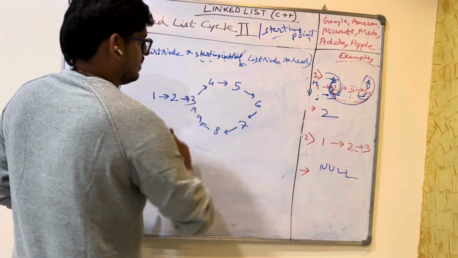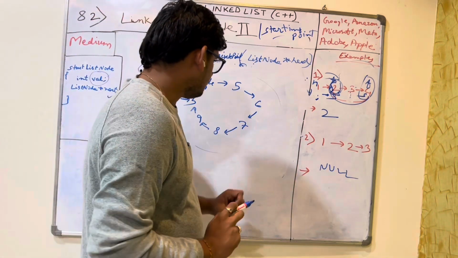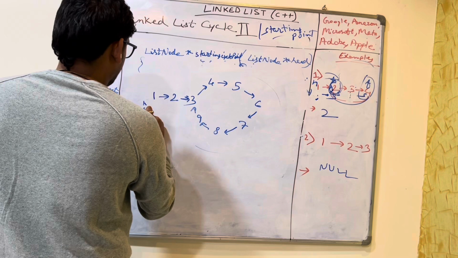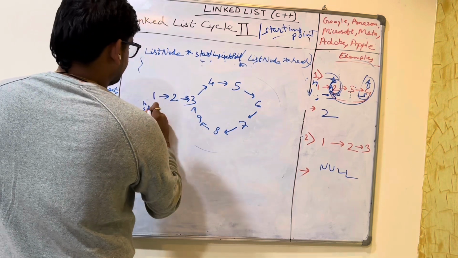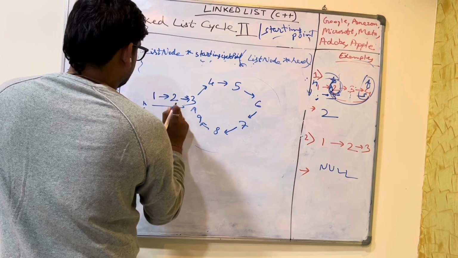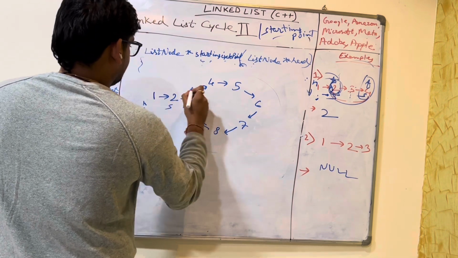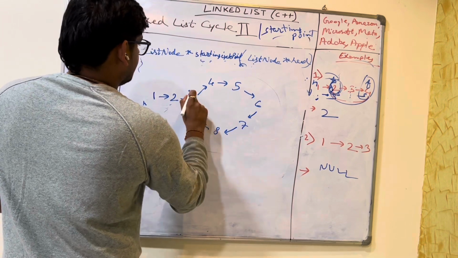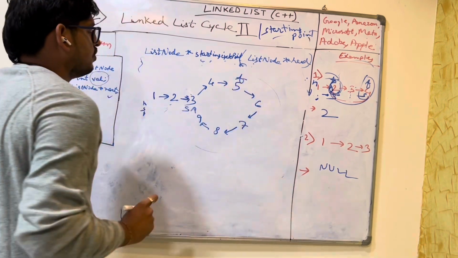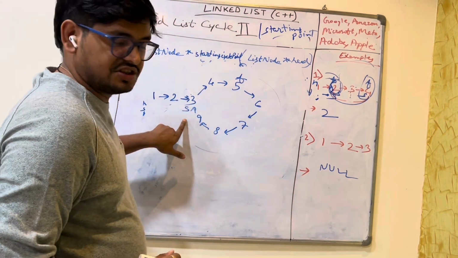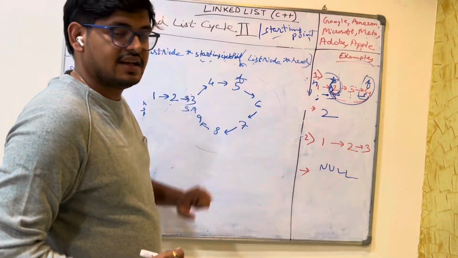Now we have this head here and slow and fast are here. Okay, slow travels 1, slow comes here, then fast comes here, then slow comes here, and then fast comes here. So slow enters the starting point of the cycle and fast is here.